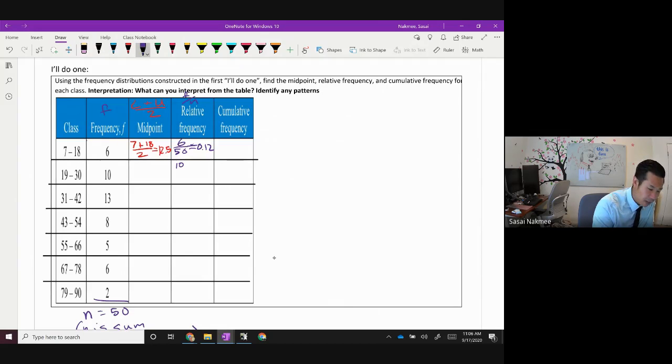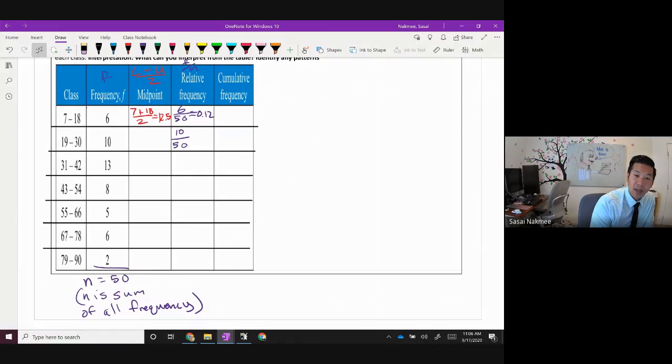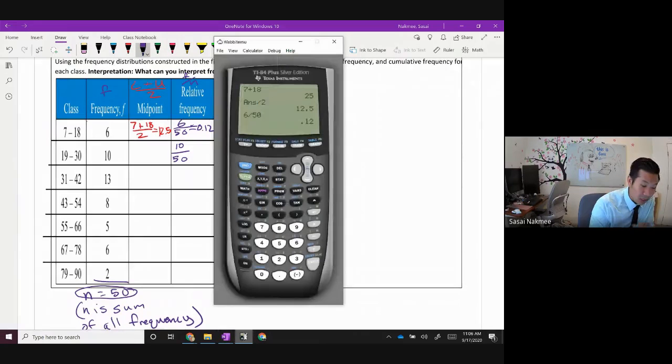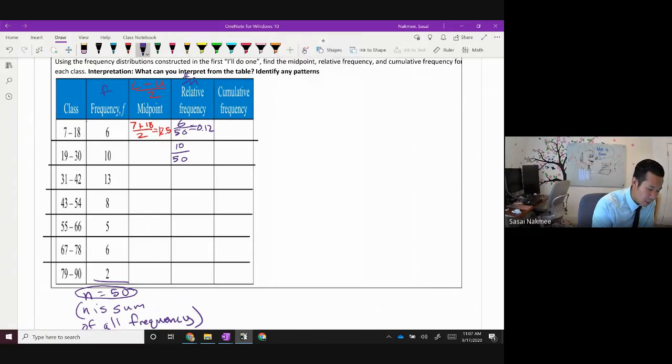Then all I'm going to do is divide that 10 by the sample size, which is 50. So it's just 10 divided by 50. Again, you could leave it like that, or plug it into your calculator. 10 divided by 50, and I get 0.2. That's what I will write down here. This is equal to 0.2.